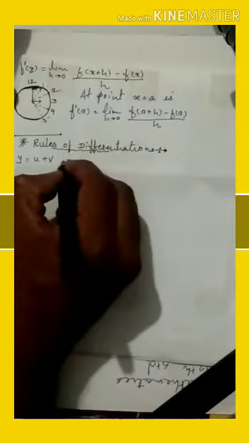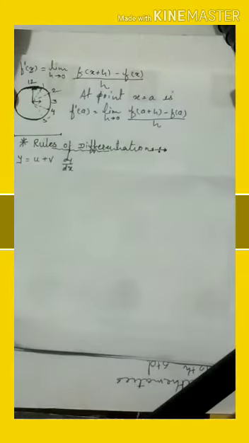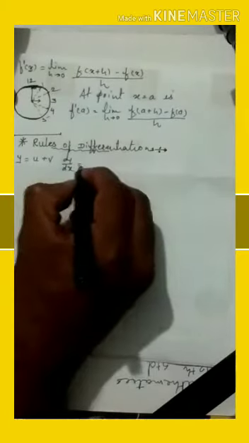If y is equal to u plus v, then what will happen while we will be taking derivative of y with respect to x? Derivative of y with respect to x is dy by dx. So first function is u.